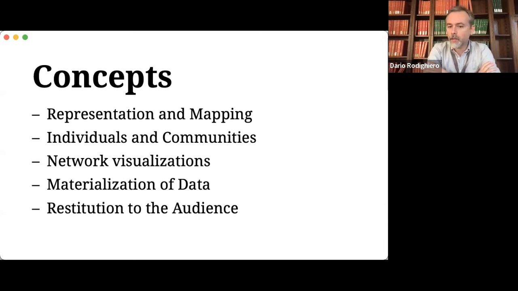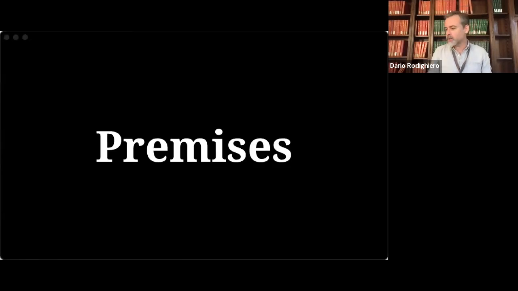And another one is the restitution to the audience, because yes, we are publishing a lot of papers and so on, but when we represent scientific communities, for me, it's really interesting to offer the representation to the people represented in the image.